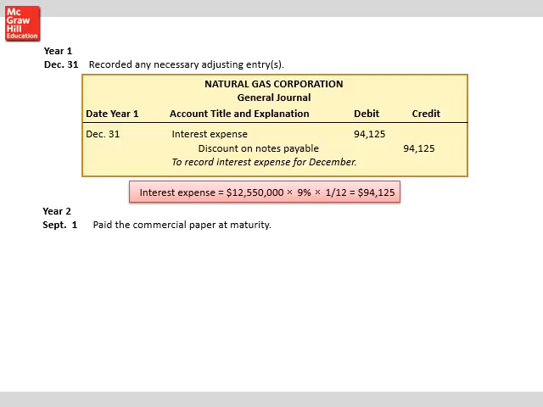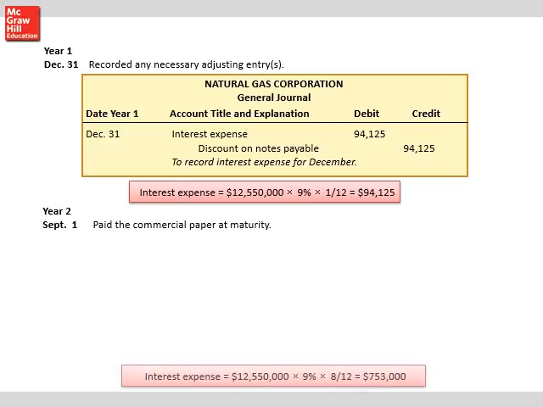And so that will be for the full amount of the discount minus the 94,125 we've already recognized as interest expense. And then the difference will be the interest expense. Okay, so we see the interest expense is calculated as the 8 months remaining. Remember, we used 1 month of the period last year. We're using 8 months of the period this year.